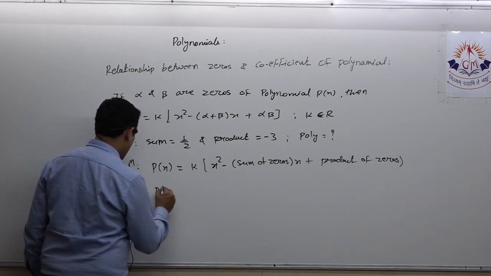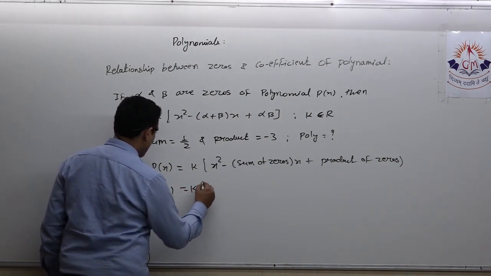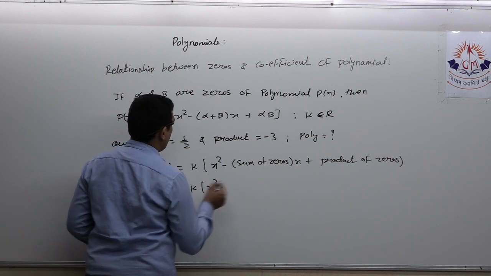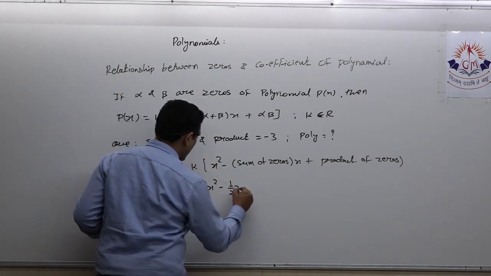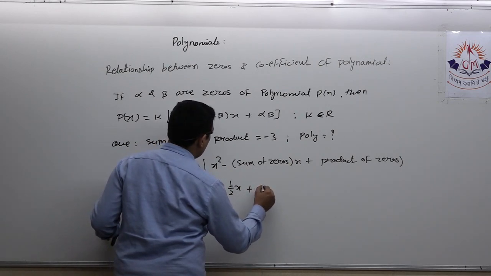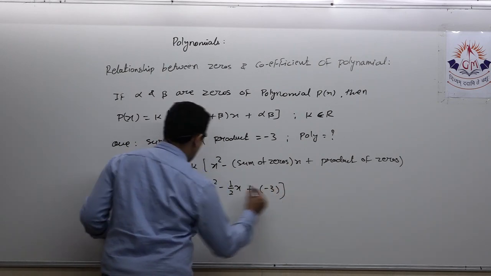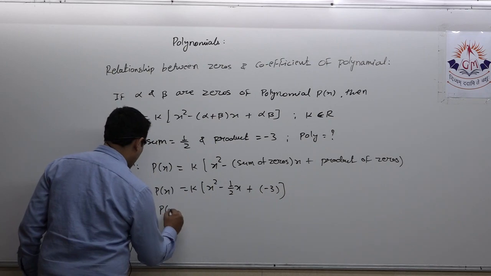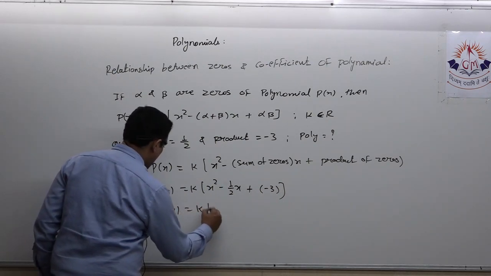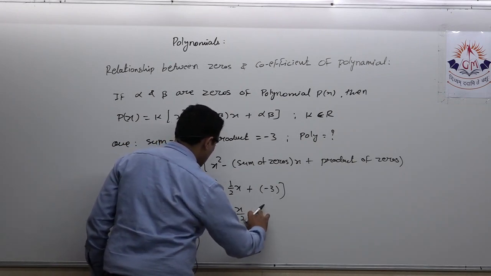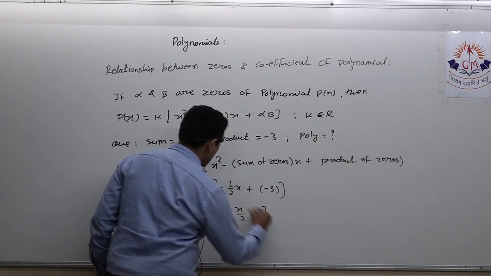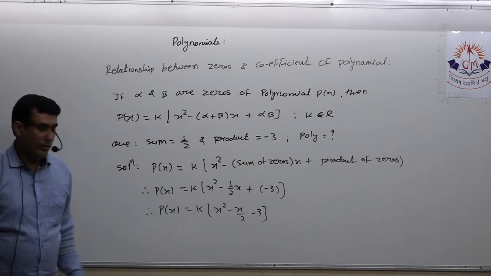So therefore p(x) is equal to k multiplied by x square minus, now sum of zeros is 1 by 2, so 1 by 2 x, and product is minus 3. So ultimately I can write p(x) is equal to k times x square minus x by 2 minus 3. That is the final answer.